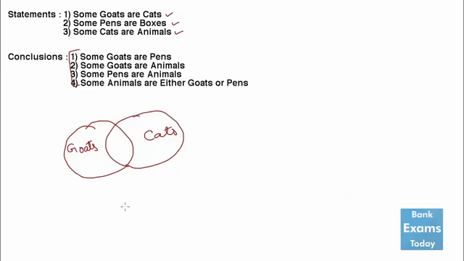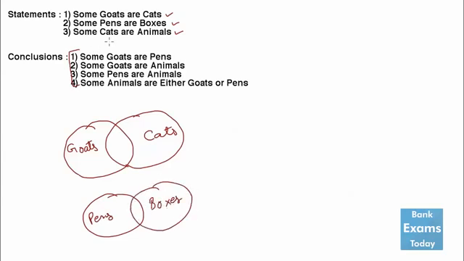And some pens are boxes. Then some pens are boxes. Some cats are animals. So there is a possibility that some cats are animals.